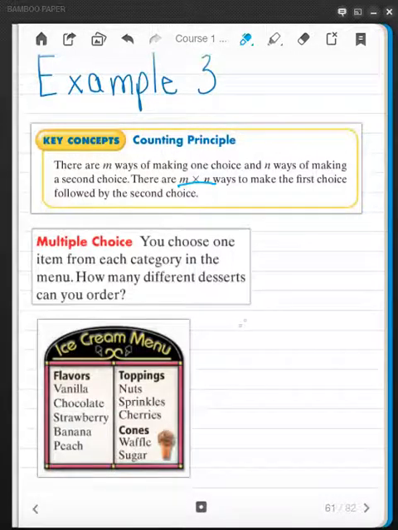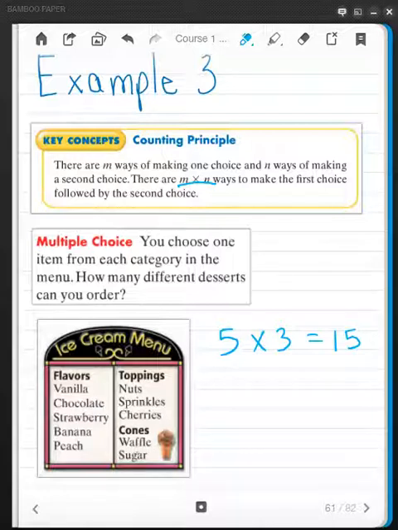So rather than creating a sample space or using a tree diagram, I can use the counting principle. So I have 1, 2, 3, 4, 5 choices of flavor. I have 1, 2, 3 choices of toppings. So if I multiply 5 times 3, I get 15 different combinations of flavors and their toppings.